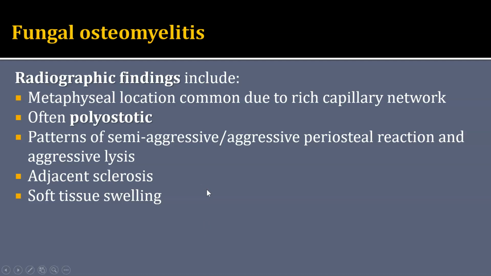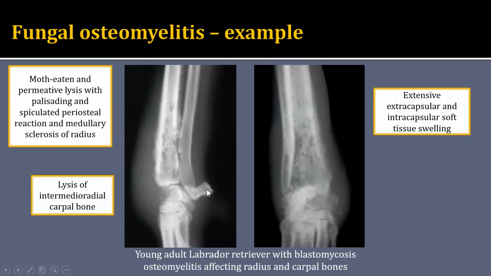And then we're going to look for patterns of semi-aggressive to aggressive periosteal reactions and aggressive lysis. So again, this is going to be an aggressive appearing lesion, and we have talked about what those aggressive lesions might look like in a previous presentation. And then there may be adjacent sclerosis as the body is trying to wall off or fight the infection, and then more often than not, there will be quite a bit of soft tissue swelling.